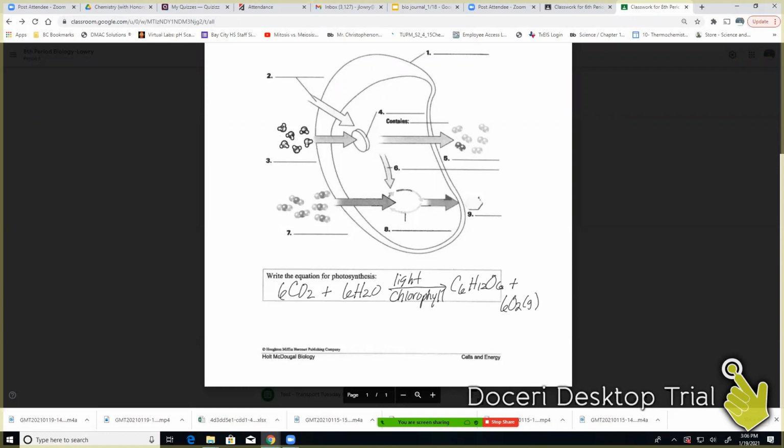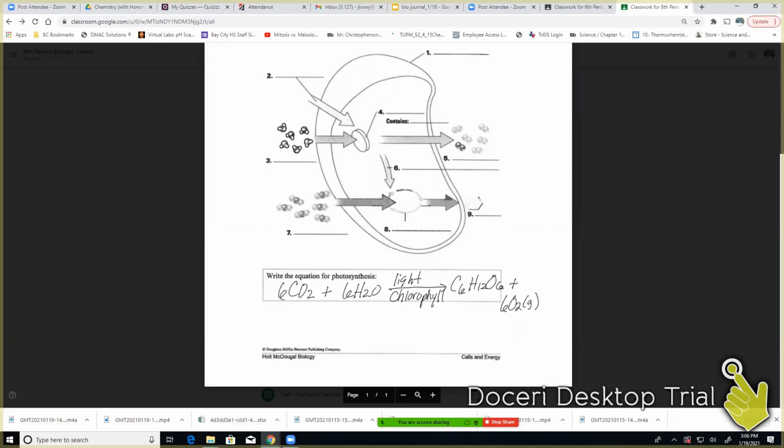So far, it looks like you're going to have your EOC in May. You still have to take that test, and they ask quite a few questions over photosynthesis and cellular respiration. All right, so add your power notes to your notes.